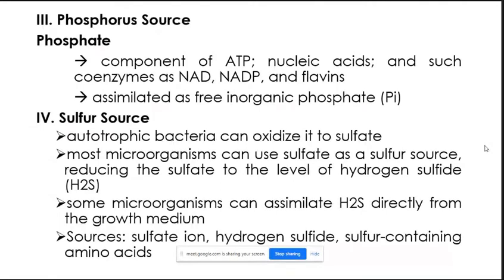So that now here, you take note of this one that some microorganisms can assimilate hydrogen sulfide directly from the growth medium. These growth medium are those culture media that we will be using in the laboratory to let our microorganisms grow. So that example of this one, which you will learn later on in the different media that will be used in the laboratory in the culturing.